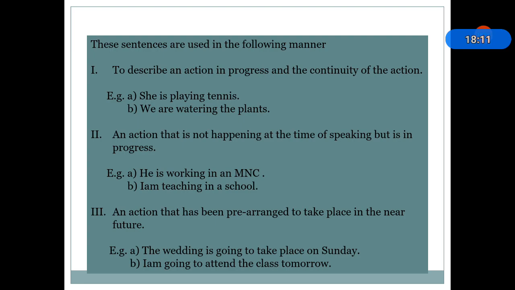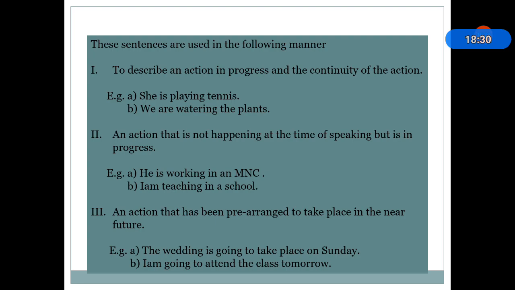Another example: I am teaching in a school. So it defines the profession of a person. Though teaching is a continuous form, it is not happening at the time of speaking, but it is in progress.